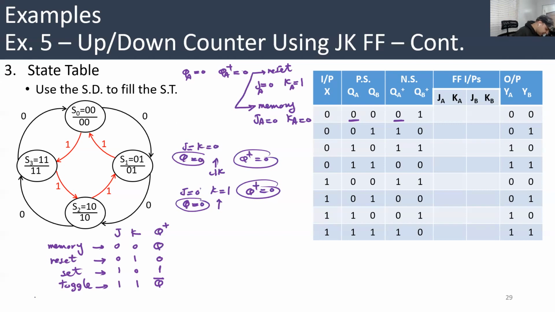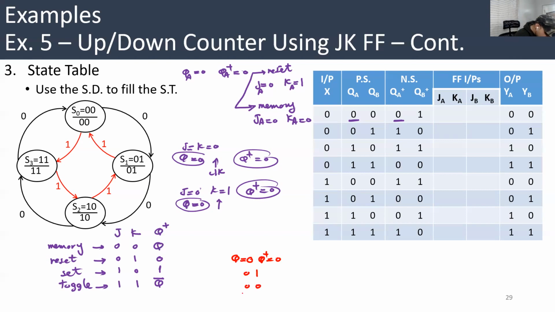So let's do that here on the side, at the bottom of this table. When Q equal to Q plus equal to 0, whatever you like, this can happen with two cases for J and K. So either 0, 1, and always J before K, or 0, 0.